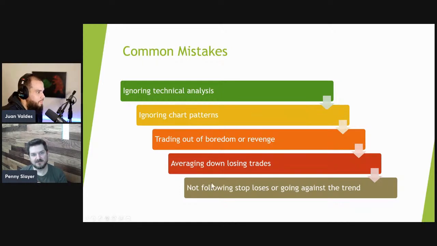Heck yeah. Not following stop losses or going against a trend. So yeah, you should have a stop loss, right? Like a stop loss can be a support area if it doesn't hold. What are some stop loss areas that you set, Penny Slayer? So again, my stop losses, no zeros, no fives, always odd numbers. But my risk management is usually 1% of my portfolio, man. I don't get too crazy with it.